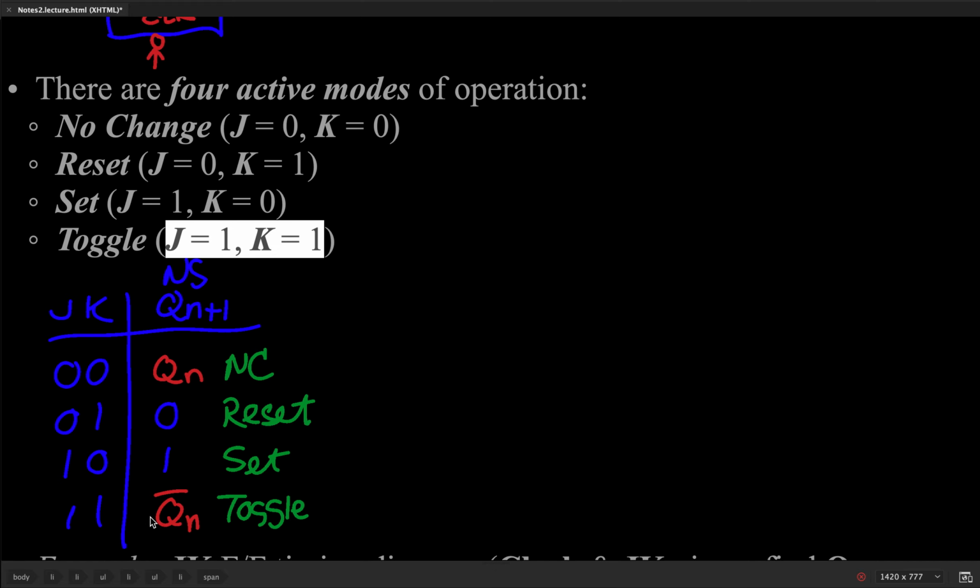If J and K are both high, it will toggle, which means that the next state, Qn plus 1, will be equal to the complement of the present state. If J and K are both 0, the next state will be equal to the present state because it doesn't change, and then the other two values are reset and set.